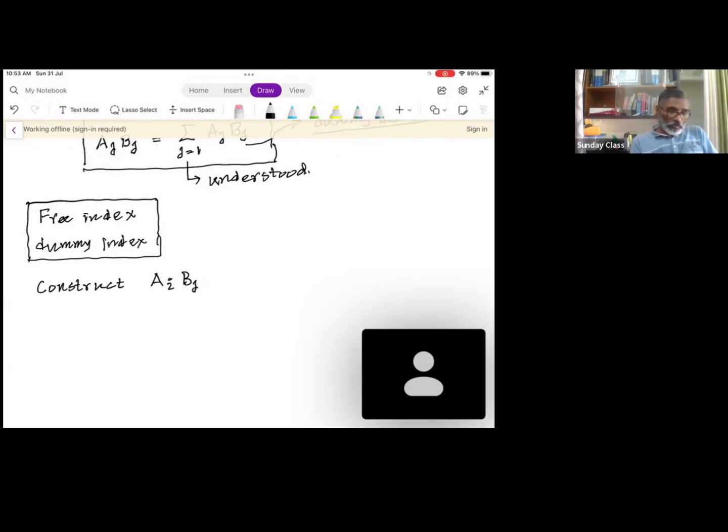What is this quantity? A is a vector, B is a vector. If you look at A_i alone, this is a vector. B_j alone, this is a vector. And this is i, this is j, not a repeated index, so we should not sum over. So the first question that I would ask is, for this quantity, how many free indices are there?